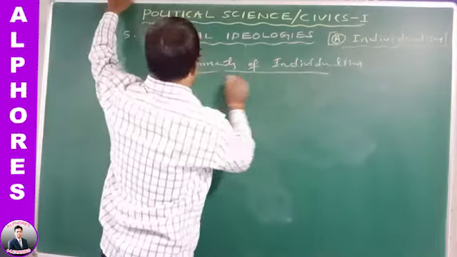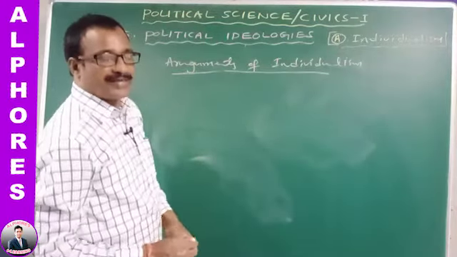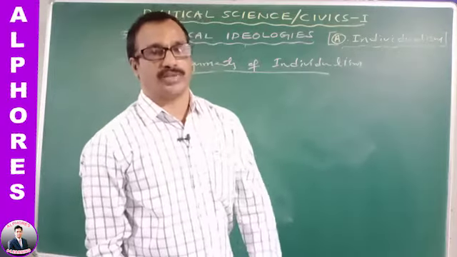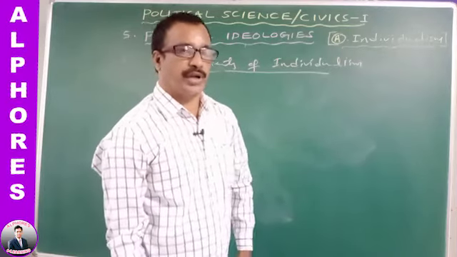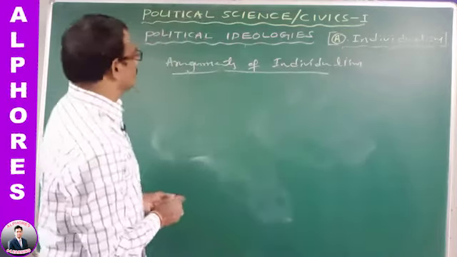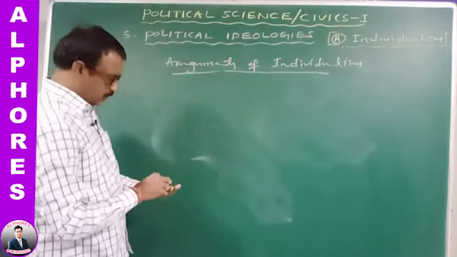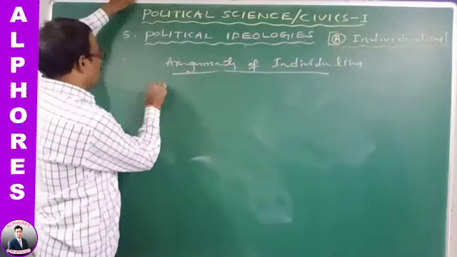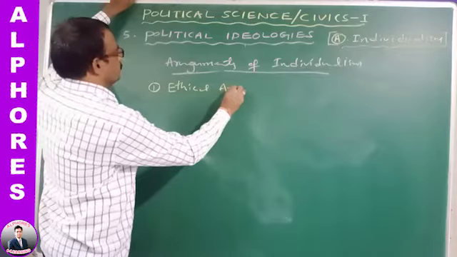Here 4 arguments are there. 1 is ethical argument, 2 economic argument, 3 biological argument, and the last one is empirical argument. There are 4 types of arguments of individualism. So what is the first one? Ethical argument.